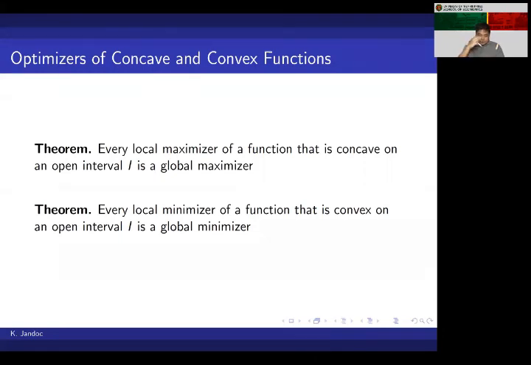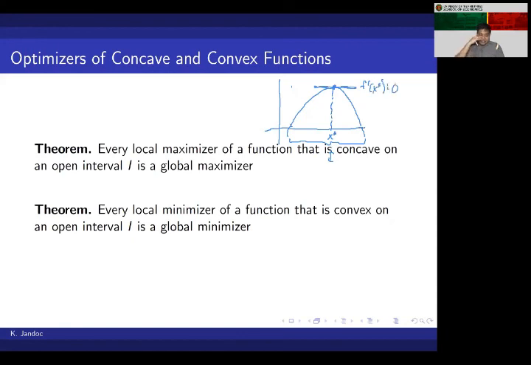So again, since your function is concave, let's illustrate. Suppose this is your interval I for which this function exists. Okay, so suppose this is I, the domain, and then we know that the local maximizer here is at this point x star, where the slope of the tangent line is equal to 0, meaning that x star is a stationary point.